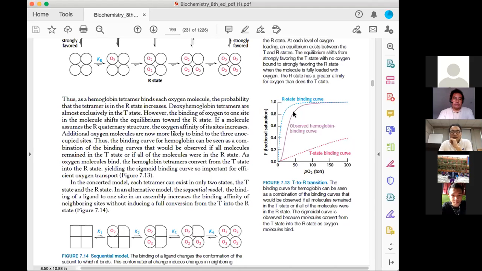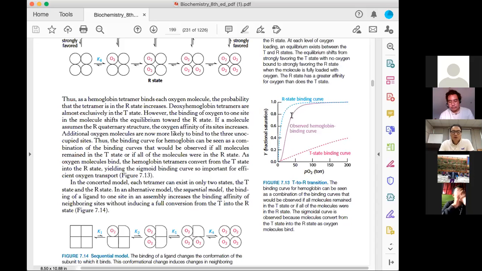So what does it mean? It means a small change in environmental oxygen concentration is going to make you release a lot of oxygen. In the lung, 80% of the oxygen is bound on hemoglobin.